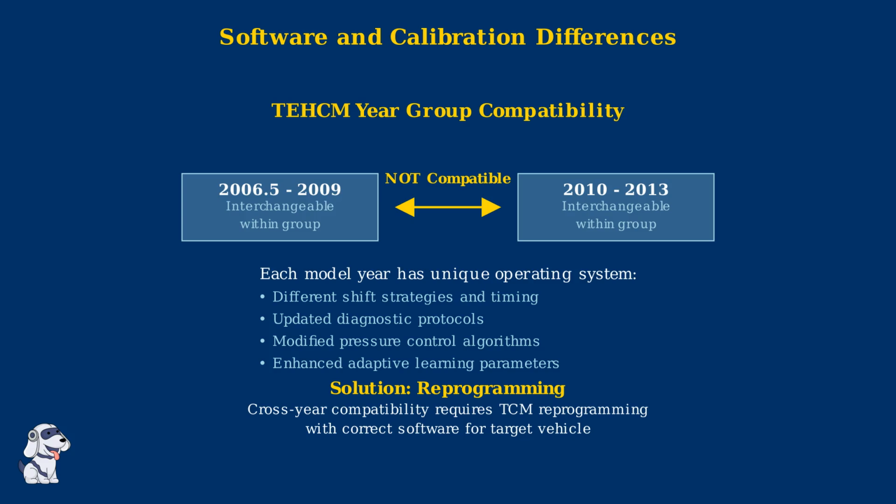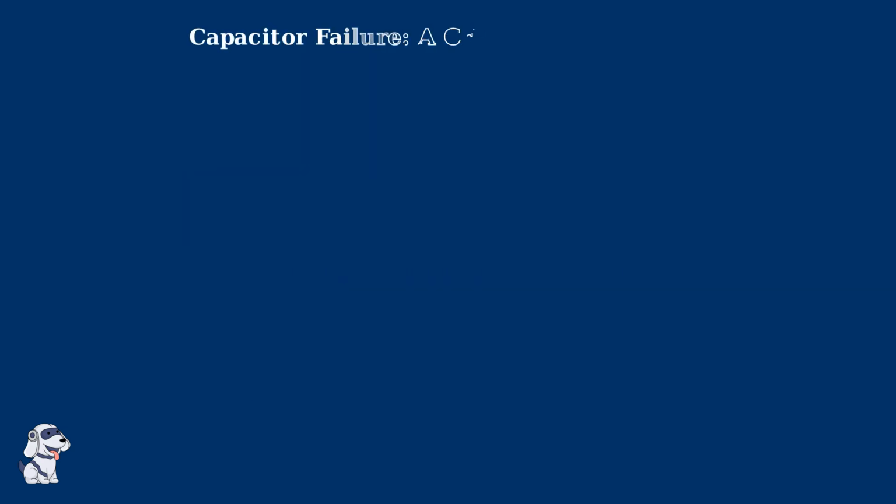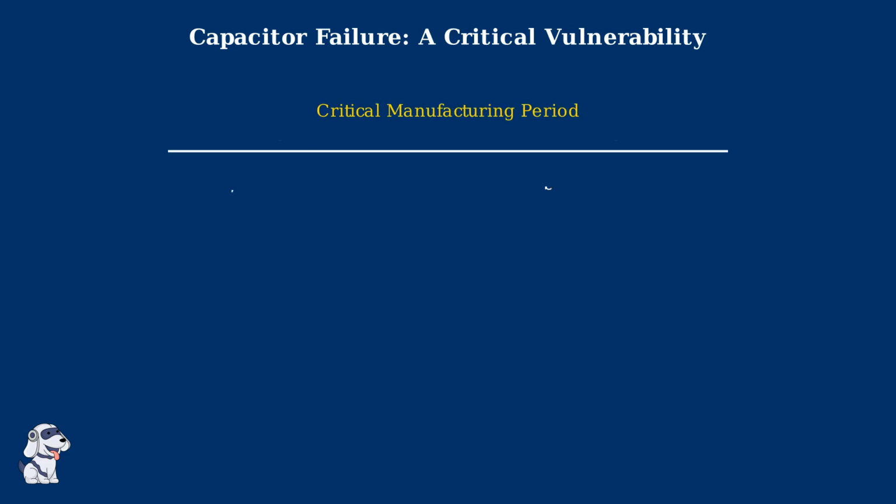Capacitor failure represents one of the most critical vulnerabilities in certain 6L80 TEHCMs. This failure can cascade into serious microprocessor malfunctions and widespread transmission problems. TEHCMs manufactured during a specific 54-day window from July 28 to September 19, 2017 are particularly susceptible to capacitor failure.